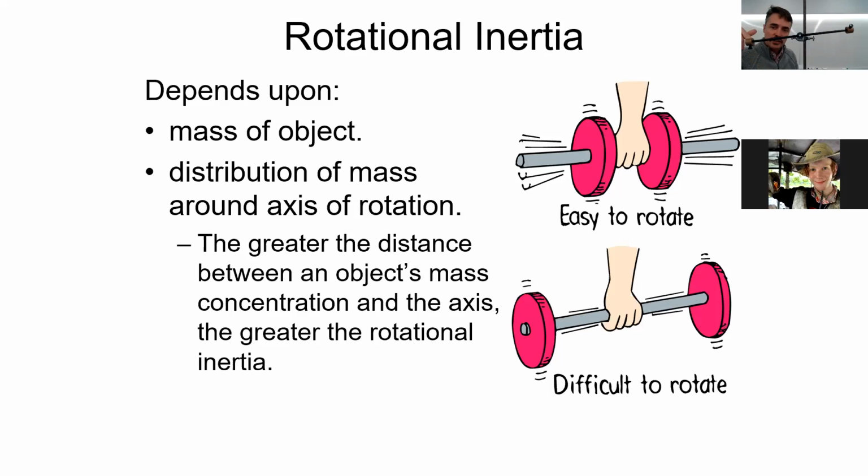It's hard to change its angular velocity. You have to put in a lot of torque to change its omega, right? But if you reduce it, all of a sudden it just twirls very easily because this is a plastic rod and these are now near the center. So you've reduced that rotational inertia.